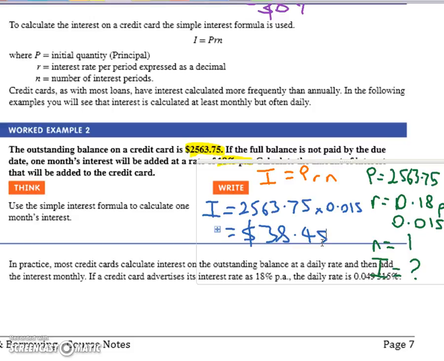It doesn't pay anything off your loan. It only covers the interest they charge you. Which means if you pay the minimum repayment, you are never, ever, ever going to pay your credit card off.